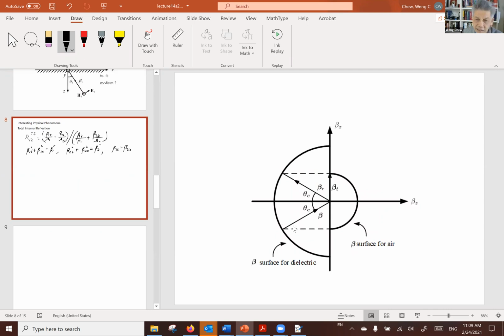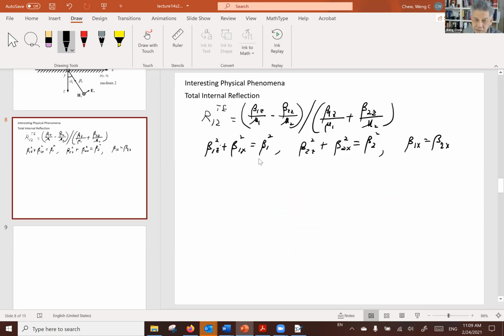But what I'm trying to get at is that there is a juncture where this beta 2z becomes pure imaginary. Beta 2z, as you can see, is beta 2 square minus beta 2x square, which is beta 2 square minus beta x square, because the betas are the same in all regions due to phase matching.